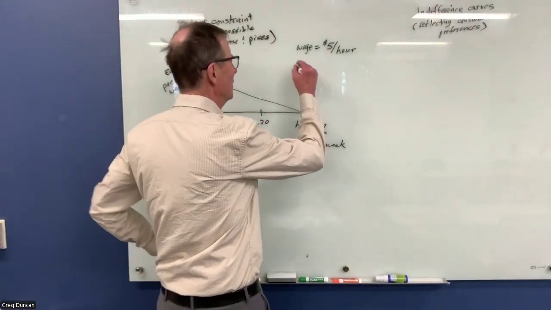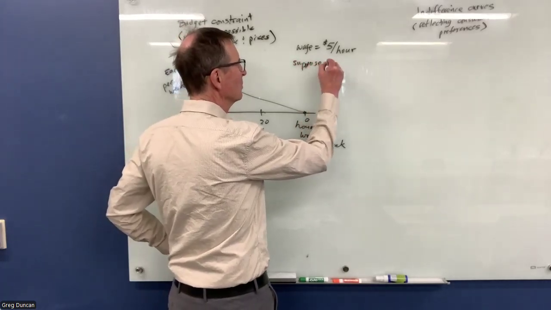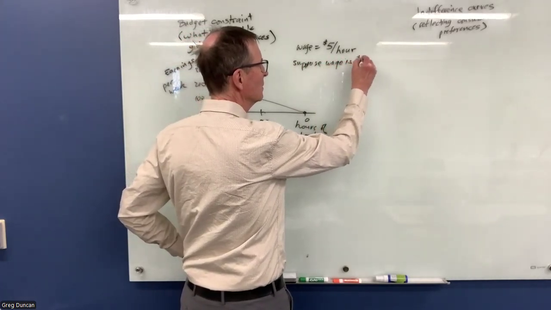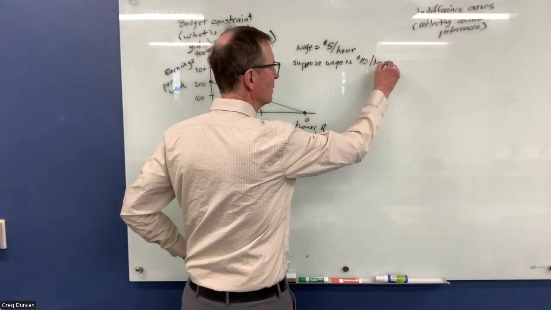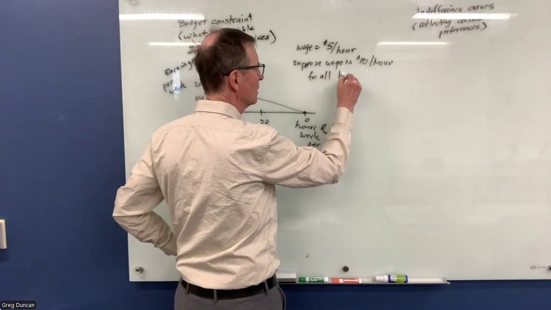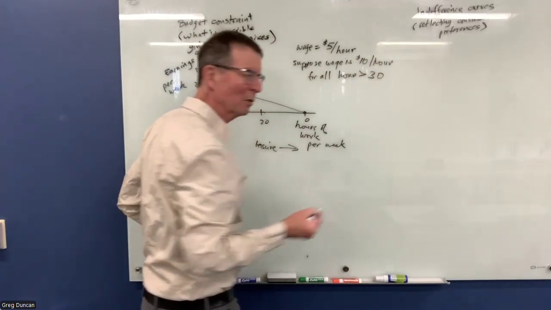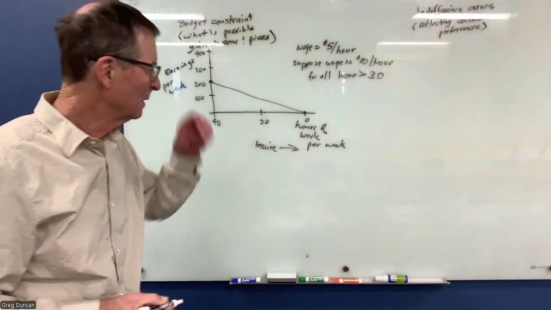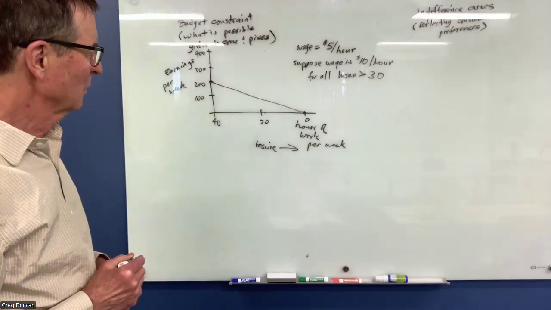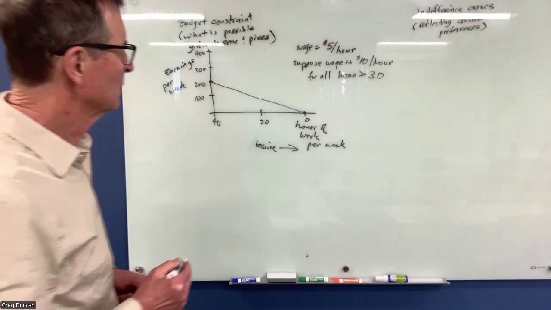Suppose the wage is $10 per hour for all hours greater than 30. All right, so it's an overtime, double time for overtime. And the limit on when overtime starts isn't 40 hours, but suppose it's 30 hours per week.